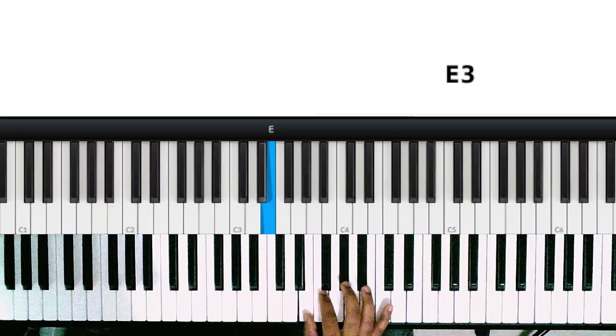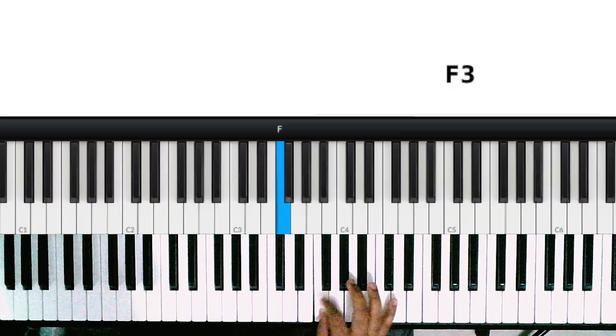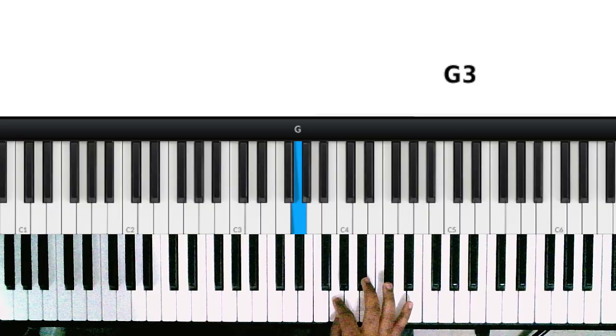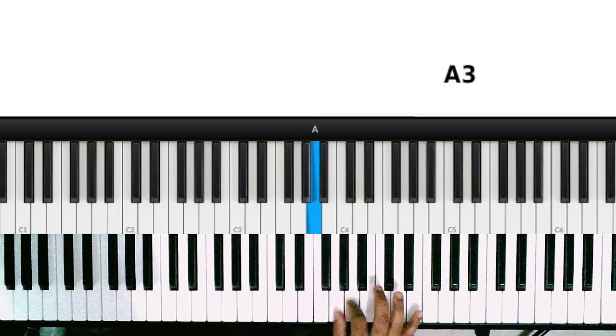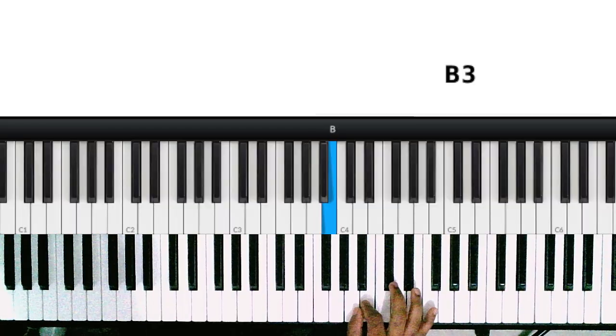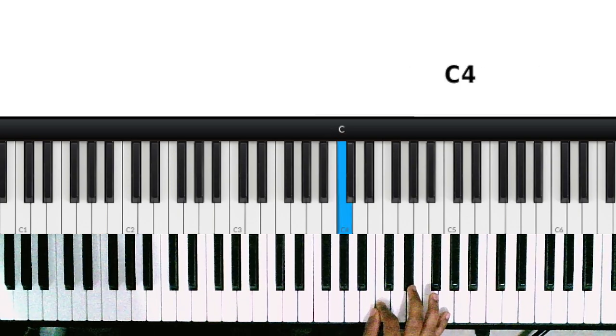Our four is F, semitone. Our five is G, tone. Our six is A, tone. Our seven is B, tone. And we are back to C.